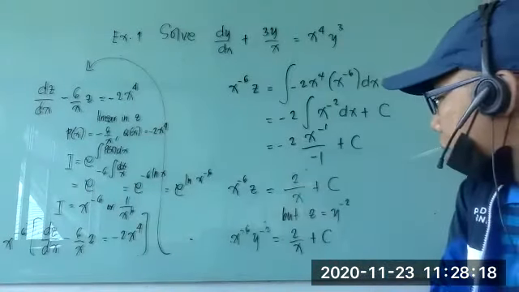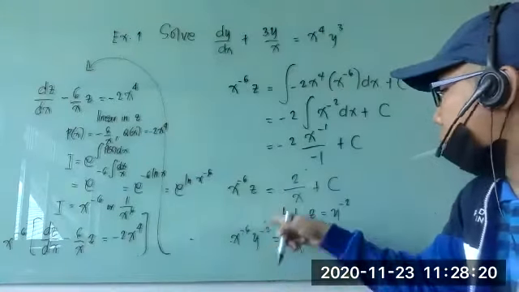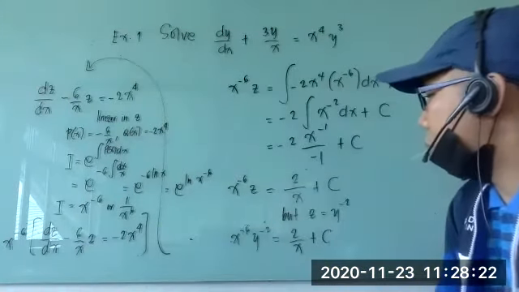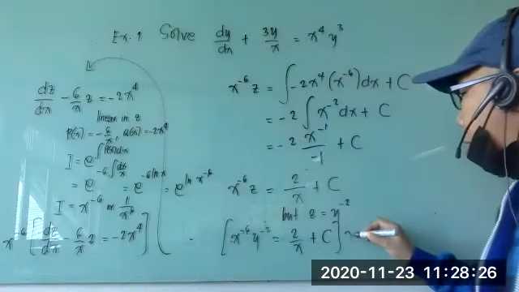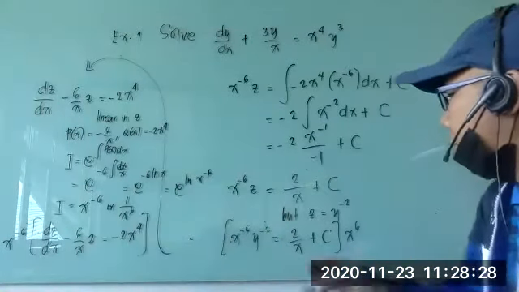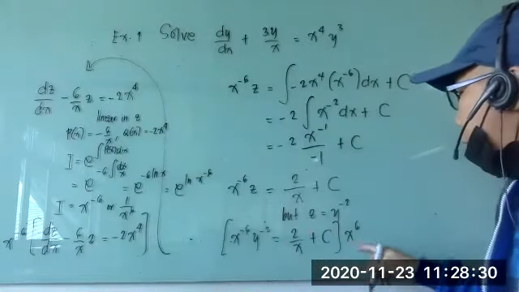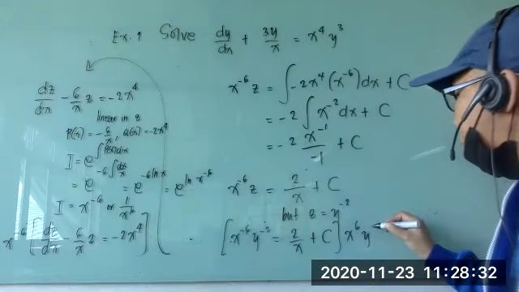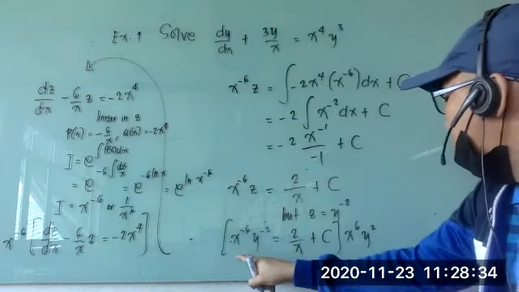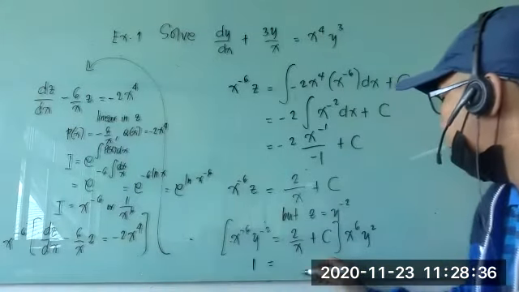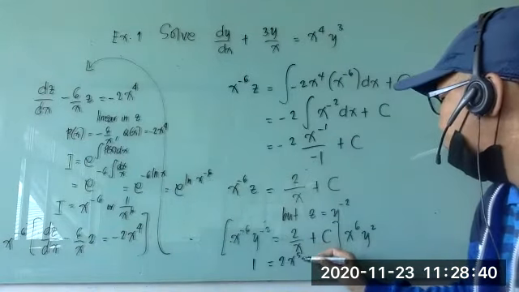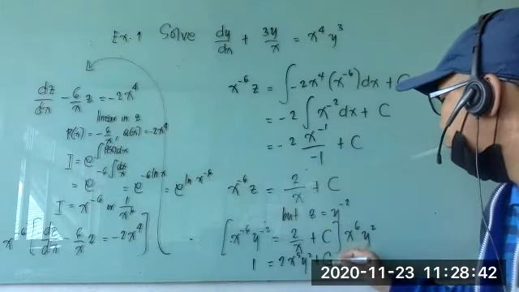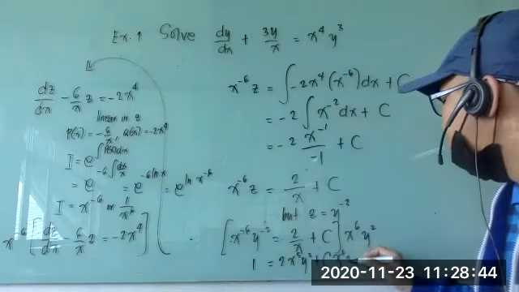Now, pag inayos natin to, we'll make this positive na exponent. So, multiply the entire equation by x raised to positive 6. And this one will become times y raised to positive 2. So this becomes 1 equals, tanggal na rin isang x dito. So 2 x raised to 5 y raised to 2 plus c x raised to 6 y raised to 2.